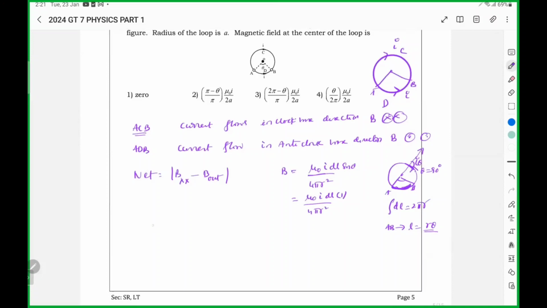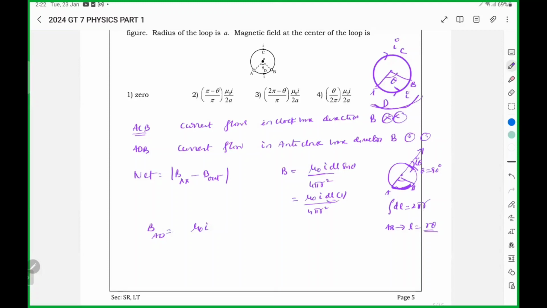So I'll calculate first B for the ADB path, mu naught I, integral dl is for this path. For which path? This path. R theta. Here the angle what we have chosen is theta.